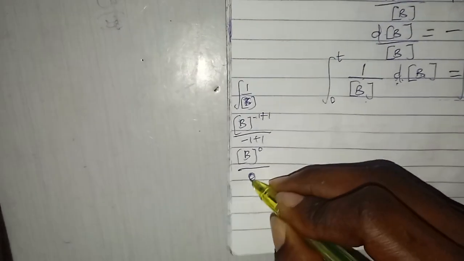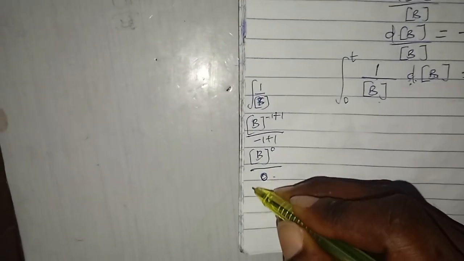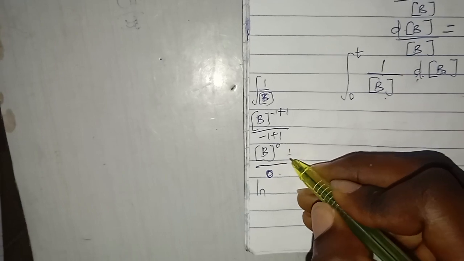It is an abomination for 0 to be the denominator. In fundamental mathematics, they told you that whenever 0 is at the denominator, it is said to be undefined, or you say it is tending towards infinity. And the integral of this is simply taking the natural log. So what I just need to do is to simply say this is 1 over 0.